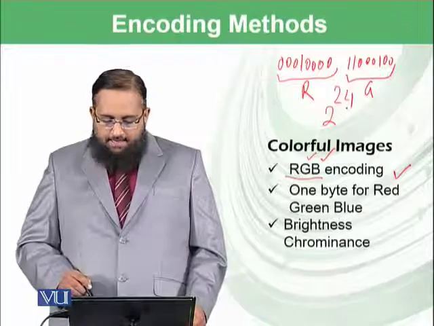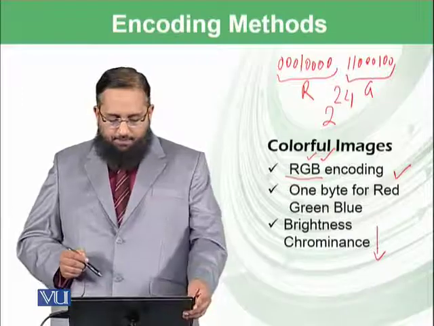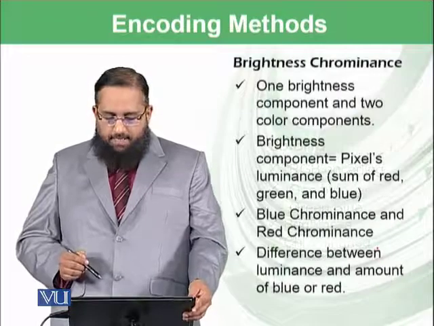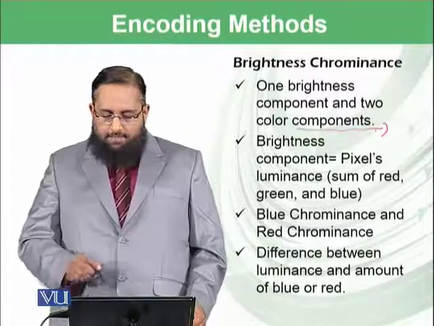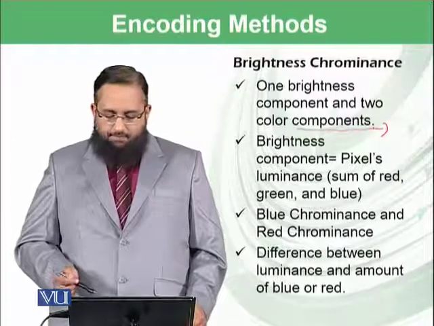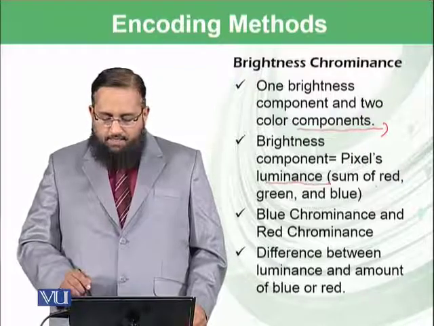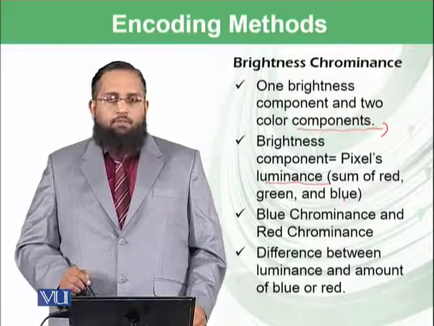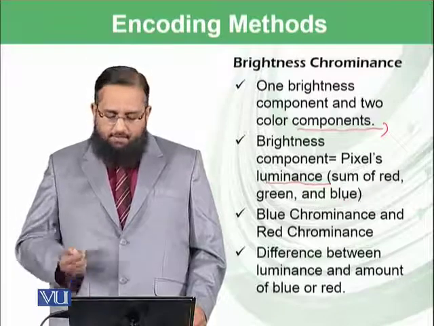And then there is another way, the brightness chrominance method. There is one brightness component and two color components. The brightness component is the pixel's luminance, the sum of red, green and blue. That is called luminance, or the sharpness in the image.